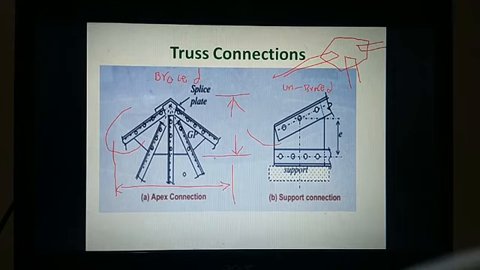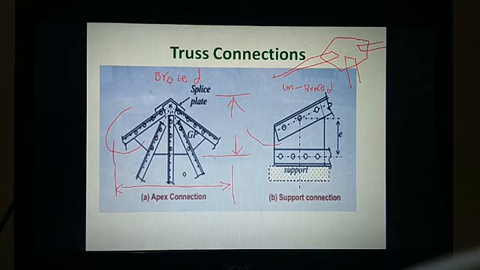As you know, the top chord member is under compression and the bottom chord member is under tension. Based on the internal forces, you have to design them. Again, as you said, based on the length to width ratio we have to design that member, like an axially loaded member ga design cheyali, right? I think Rajesh, it's clear, right?